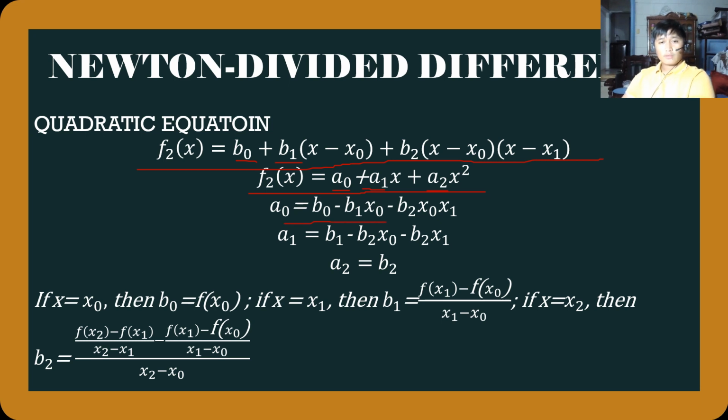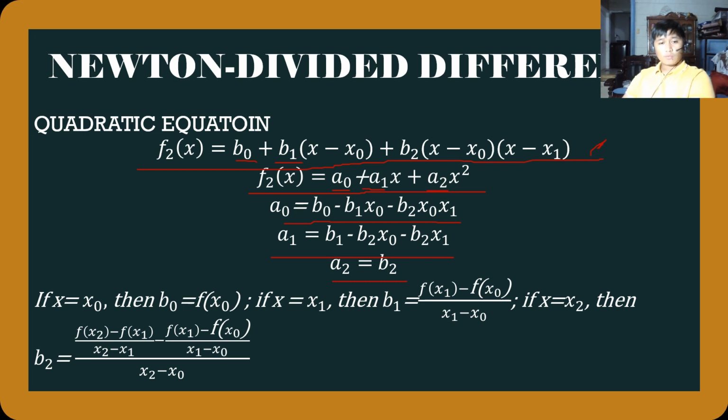This equation here is just derived from here, and then we also have a sub 2 equal to b sub 2.